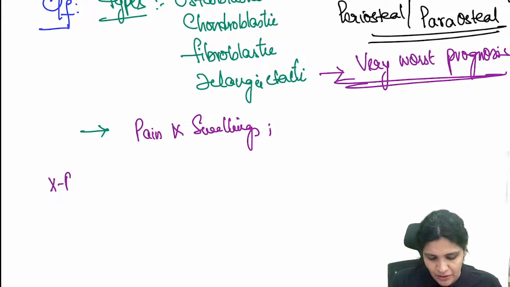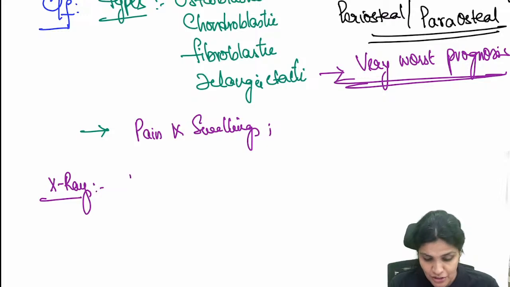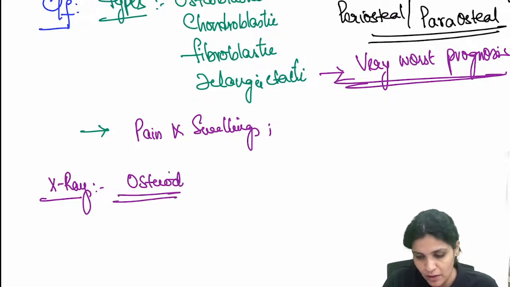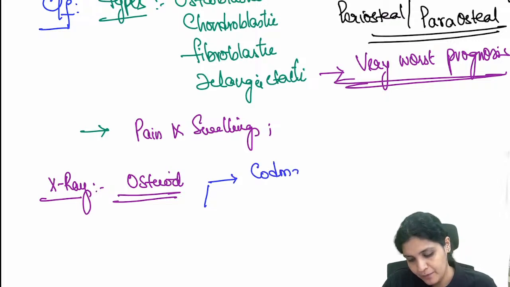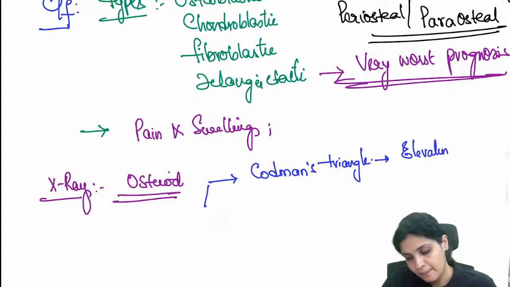And then we take out an X-ray. We find interesting structures. There is formation of osteoid, that is bone. And now here we see what is called the Codman's triangle. This is nothing but the elevation of your periosteum at one end.